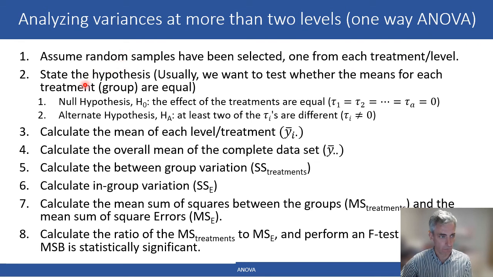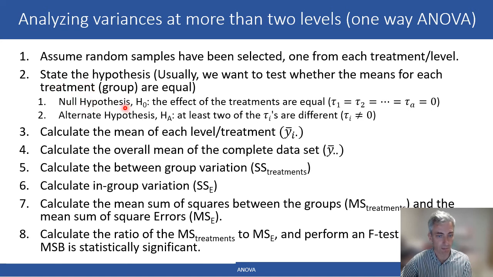So the way we do it is, first of all, set up our hypotheses. Usually, we want to test whether the means for each group are equal or not. So usually in ANOVA, they use the word treatment rather than group. So we want to test whether the effect of treating the data sets in different ways produces an equal result or not.